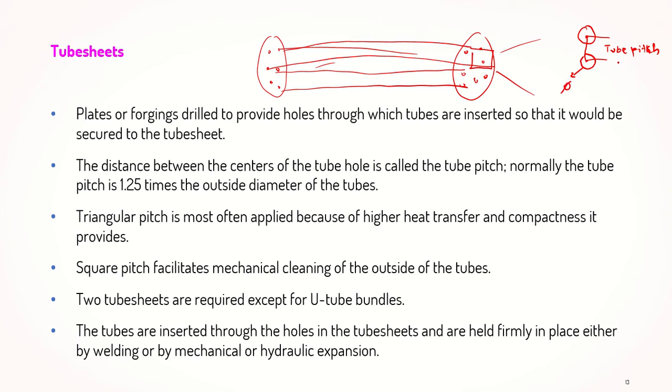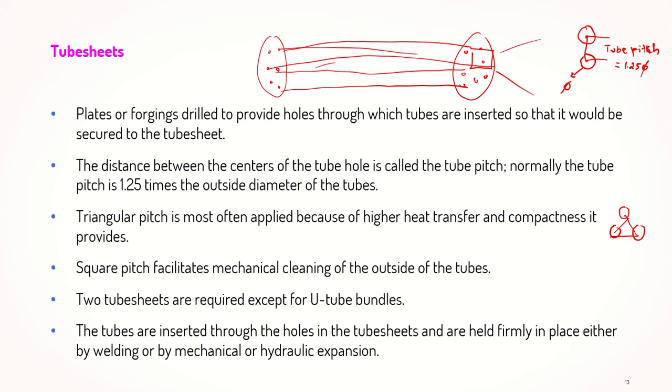The tube pitch is usually 1.5 times the outside diameter of the tube, and triangular pitch is most often applied because of the higher heat transfer and compactness. Also, if you remember, it enhances the turbulency of that particular flow. So this is a triangular pitch.